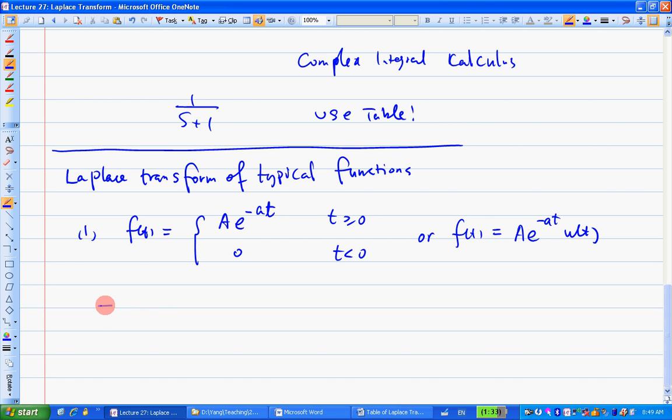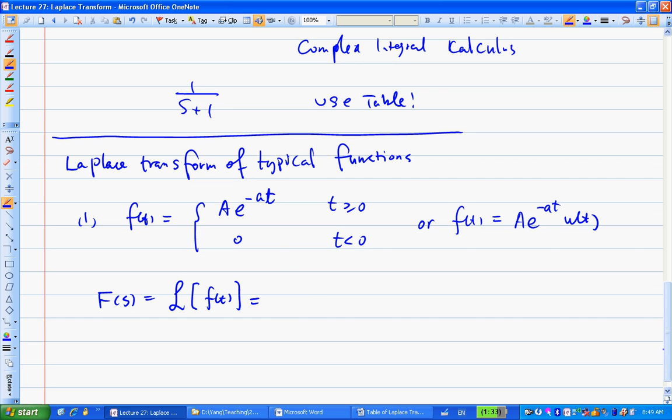So let's take the Laplace transform of this. According to the definition, the integral goes from 0 to infinity of a e to the power of negative at. Technically, you should have this u of t here. However, because of u of t, you start the integral from 0.